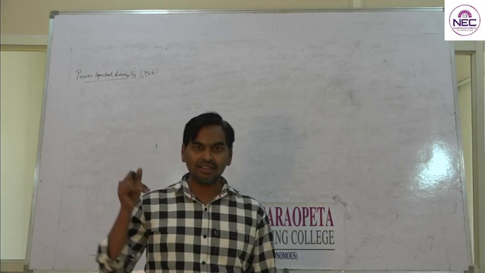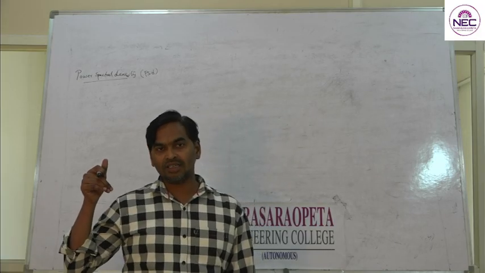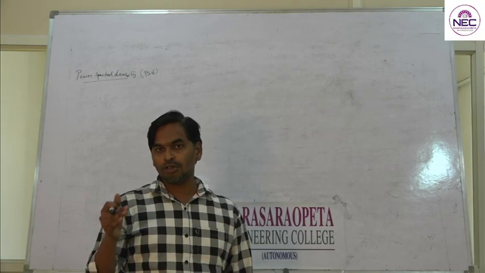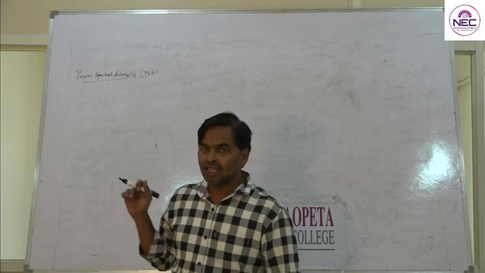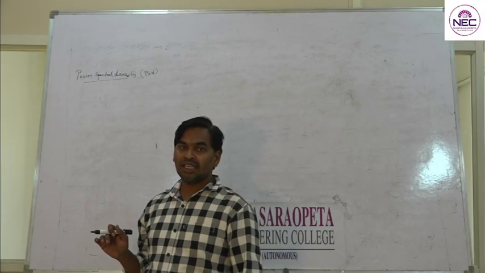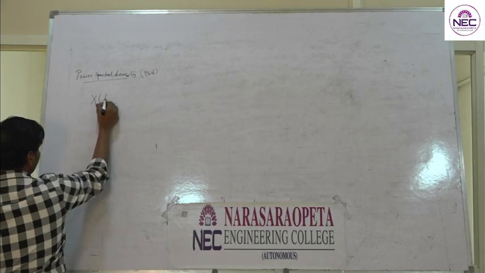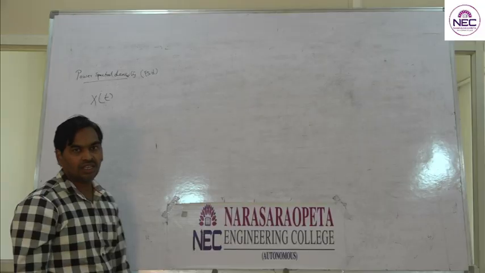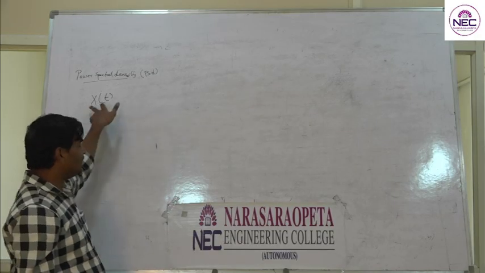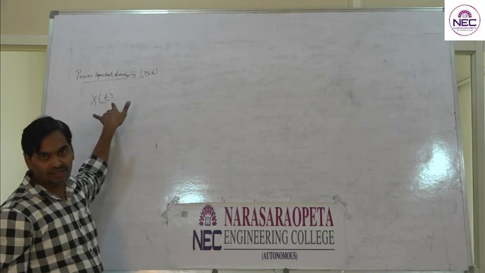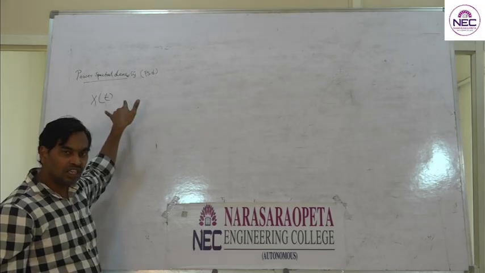As it is a topic related to PTSP, that is probability theory and stochastic process, here I am going to consider a random process, x of t. So x of t is a random process and it is a function of time. Always the random process is a function of time.